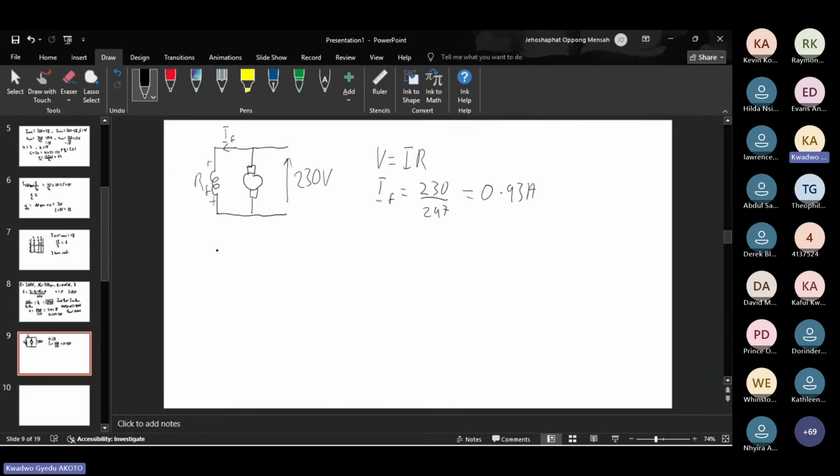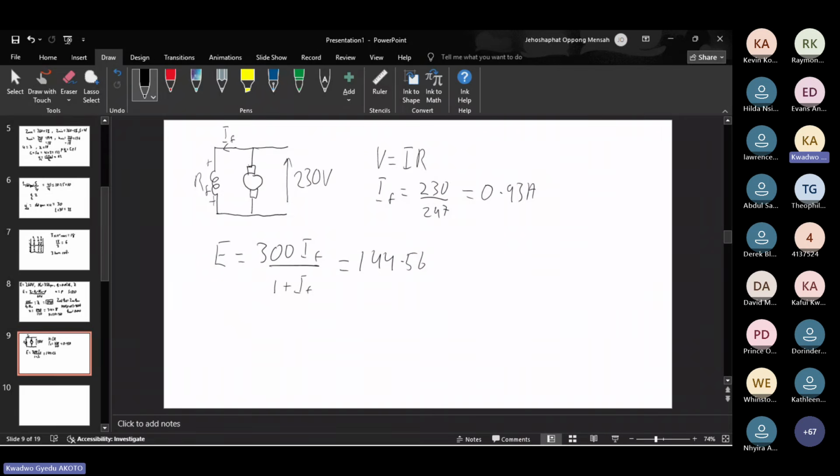And we know that for our magnetization curve, E is equal to 300 IF all over 1 plus IF. So substituting the value of IF being 0.93 here, we are going to get our E at 1000 RPM to be 144.56, right?